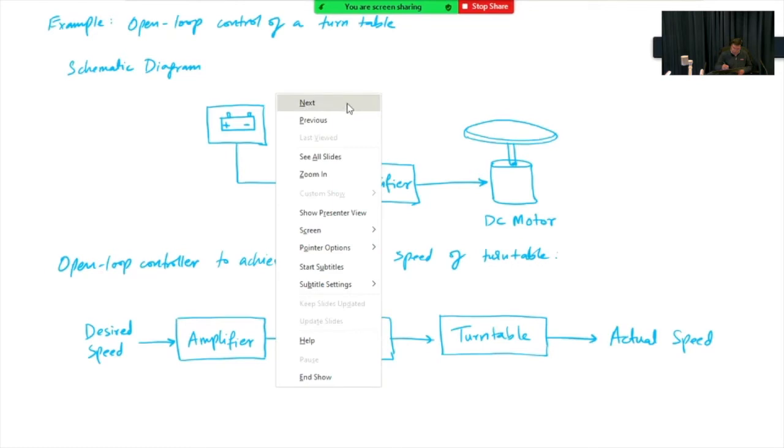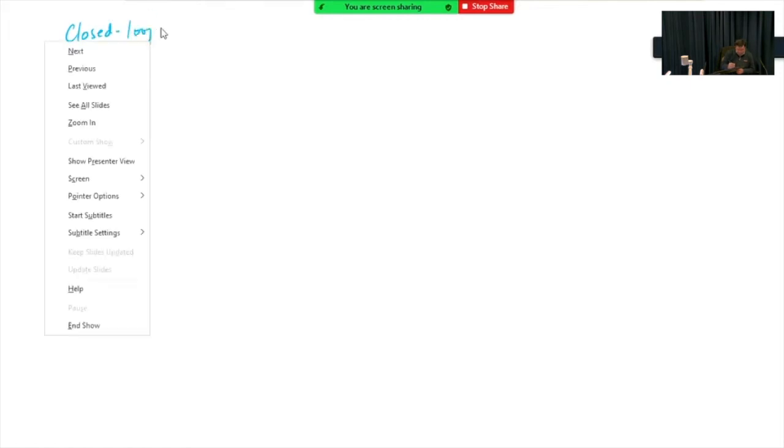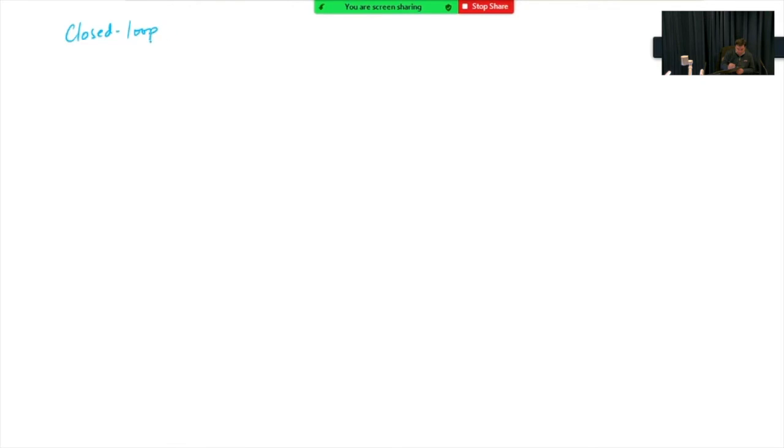So the next thing which follows naturally is the closed loop system. Closed loop is again a variant, and the only addition is the idea of feedback. The idea of feedback is actually really beautiful.